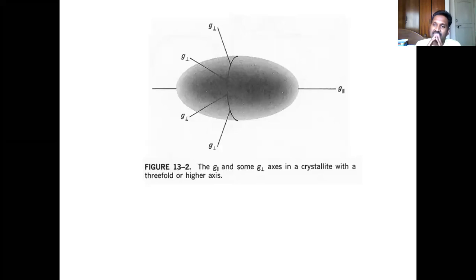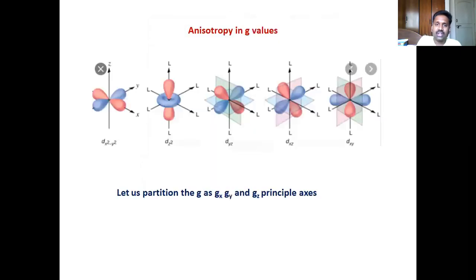If the crystal field is symmetric, there is a single G value. If the crystal field is asymmetric, or if the crystal field symmetry is distorted, then you get multiple G values. So you remember at least this much. If the crystal field is symmetric, you get a single G value. If it is not, you get different G values.